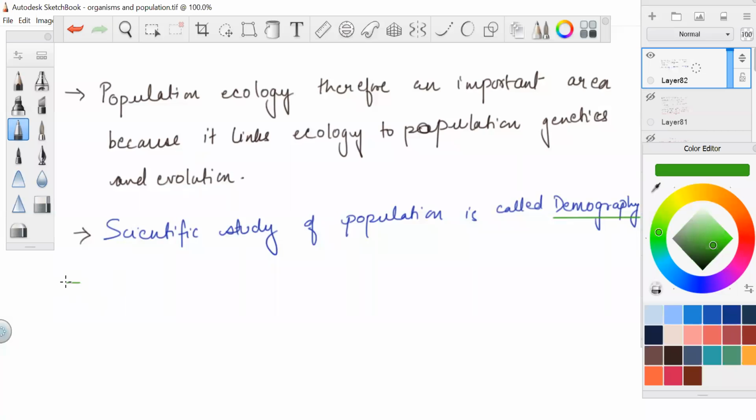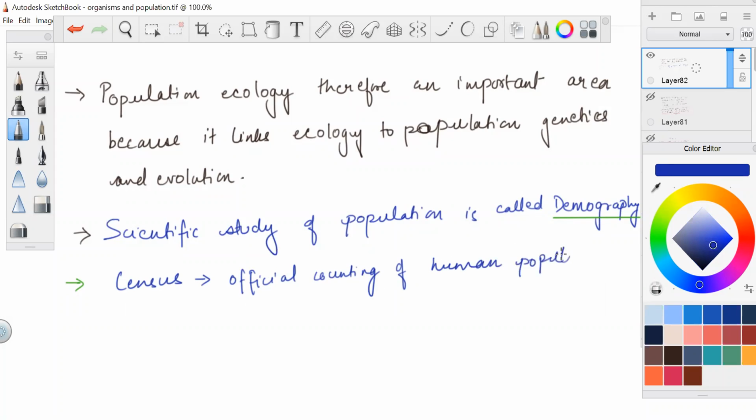A few terms you will be getting, so we should discuss all the terms. Census: official counting of the human population, which the government body does. That happens every 10 years.